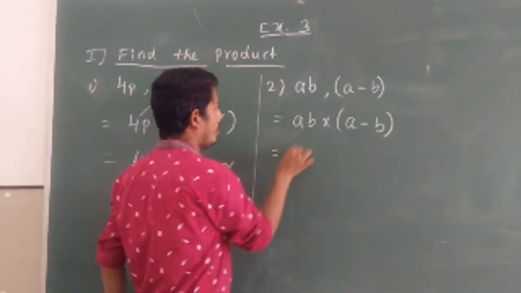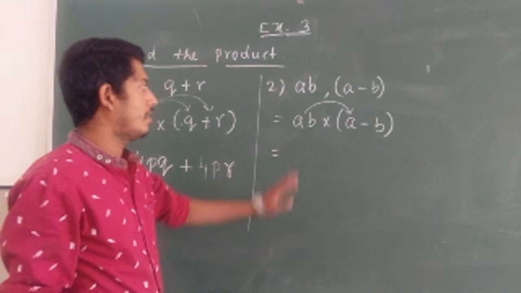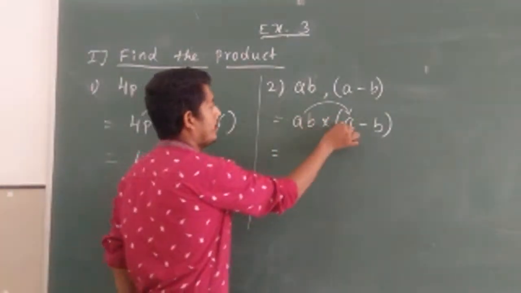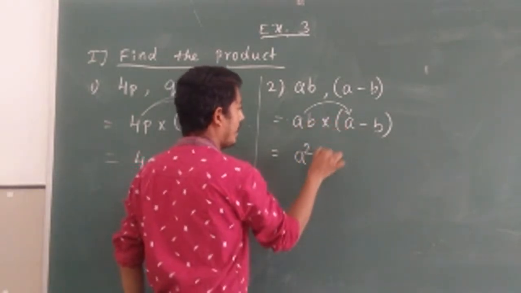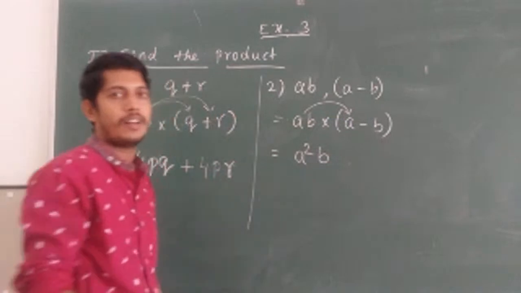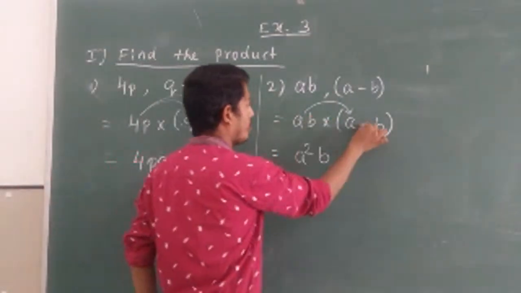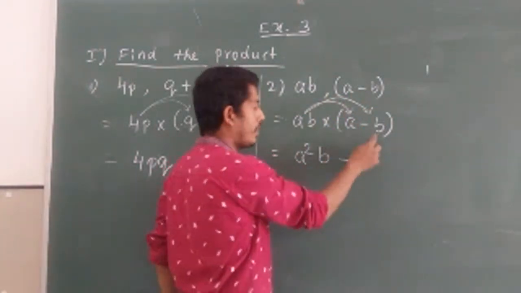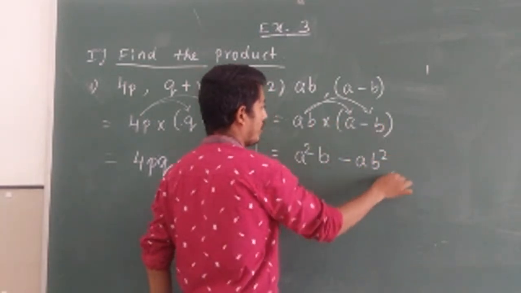First, we multiply the monomial into the first term of the second expression. Plus into plus, plus. a into a, a square, and b. There is no other b, that's why we write it directly as b. The next one, plus into minus, minus. a, there is no other a, that's why I write a. Then b into b, it becomes b square.